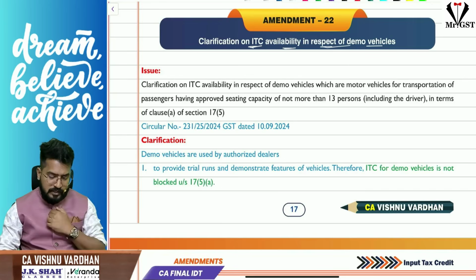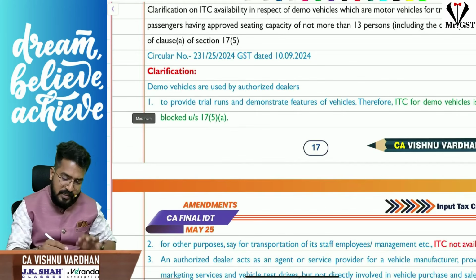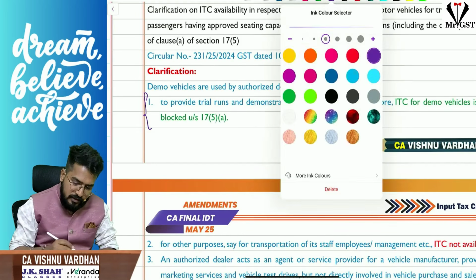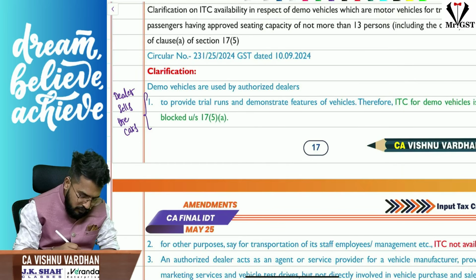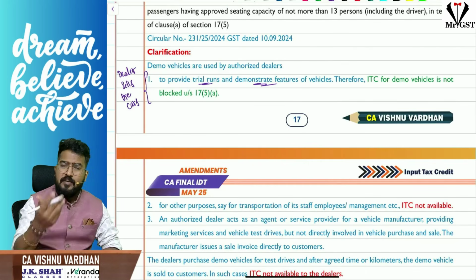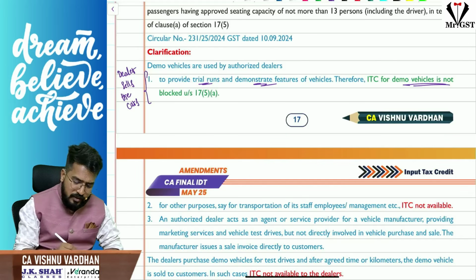See now, if I am an authorized dealer selling cars, the dealer sells the cars. So he will provide trial runs, demonstrate the features of the vehicles, all that stuff. For that, he will purchase the vehicles and use certain vehicles as demo vehicles. So there, ITC is not blocked.